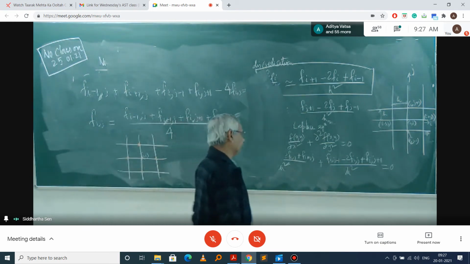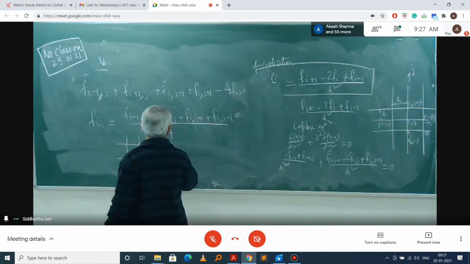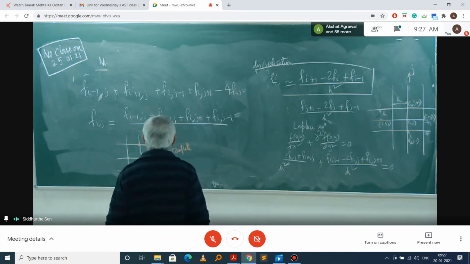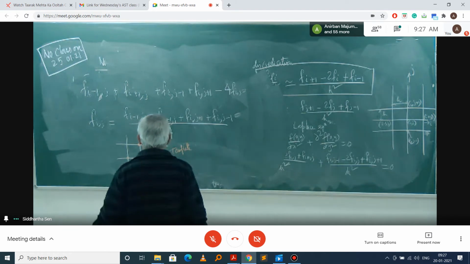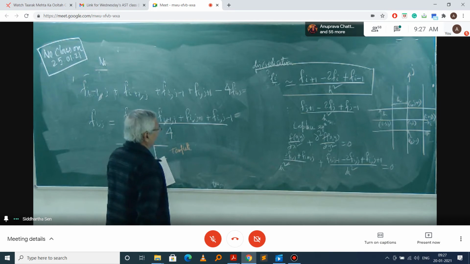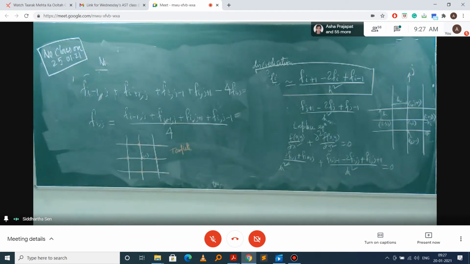If we know the potentials, all of them, simply this is your template. Then you can find out, rather approximated, what will be our potential at the midpoint. That is what we say if it satisfies the Laplace equation.